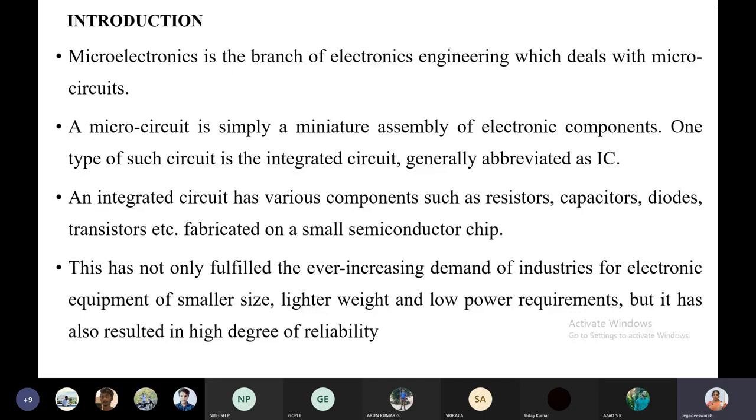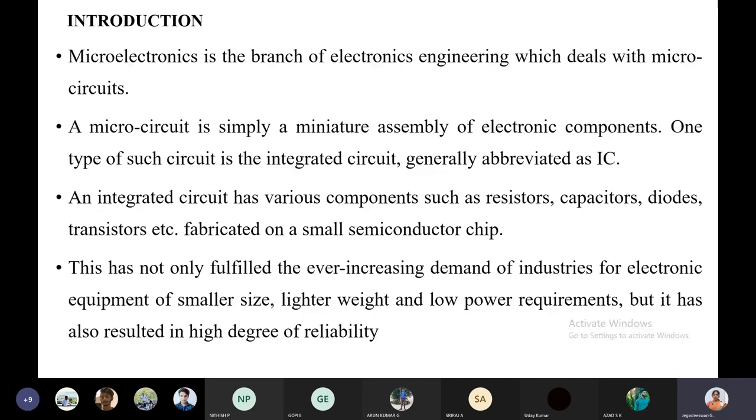The microcircuit is nothing but, okay, we have some electronics components, and we integrate the electronics components in a single circuit. That is nothing but the microcircuit. A microcircuit is simply a miniature assembly, miniature in the sense of tiny, small, assembly of electronics components.